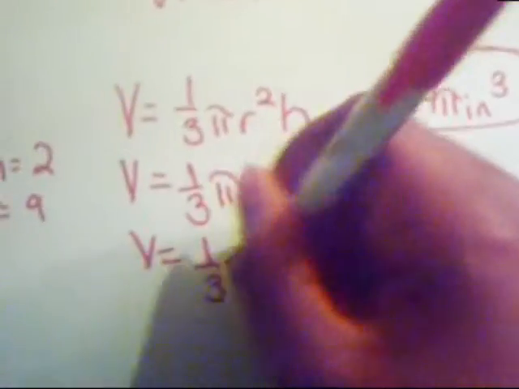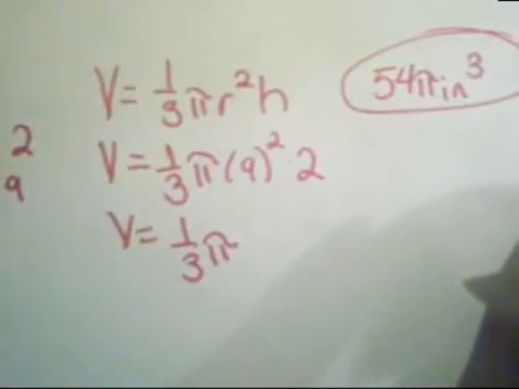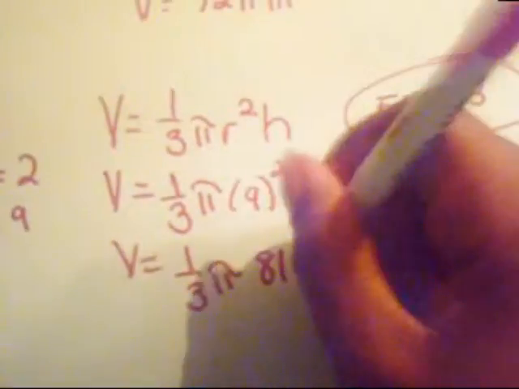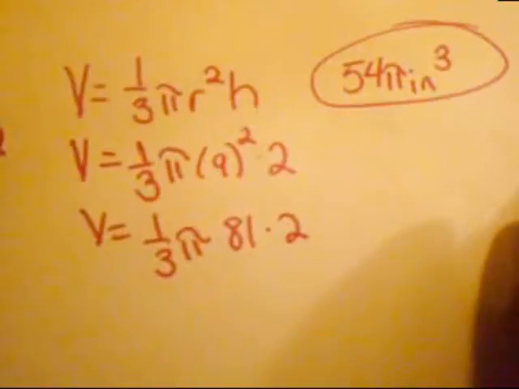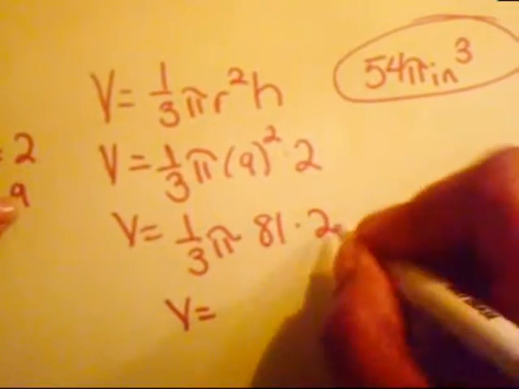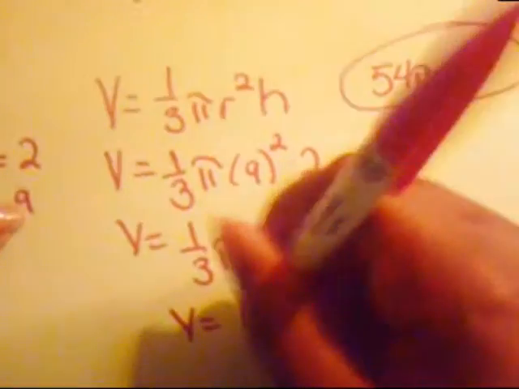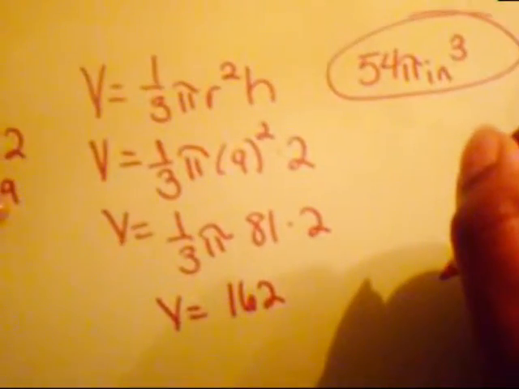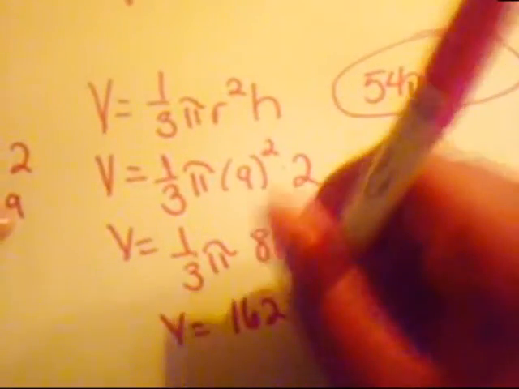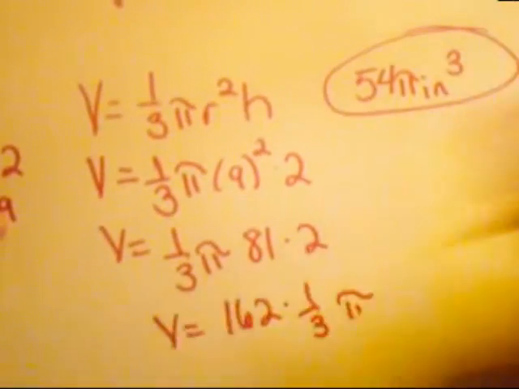So V equals 1/3 times pi. What's 9 squared? 9 times 9 is 81 times 2. And then 81 times 2 is how many? 162? Is that right? Then times 1/3 times pi.